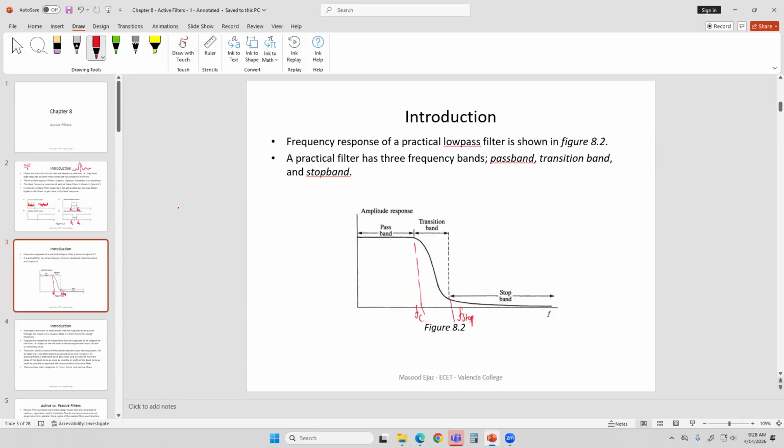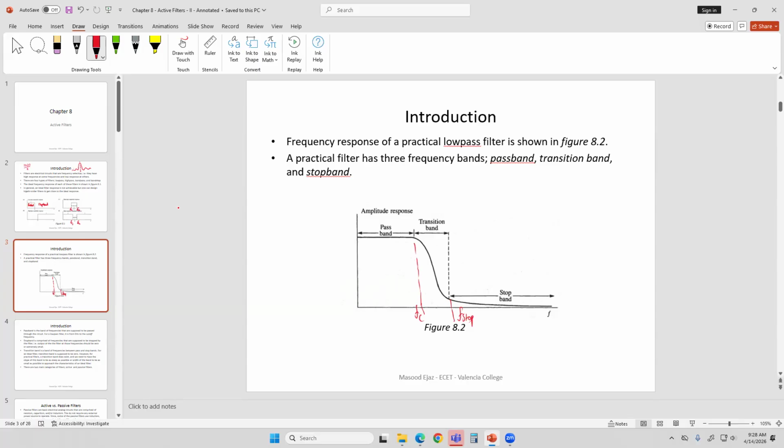Now, the sharper the transition band is going to be, the closer the response is going to look like an ideal response. And if the transition band is wide, then it's not going to be as close to the ideal response as we want it to be.